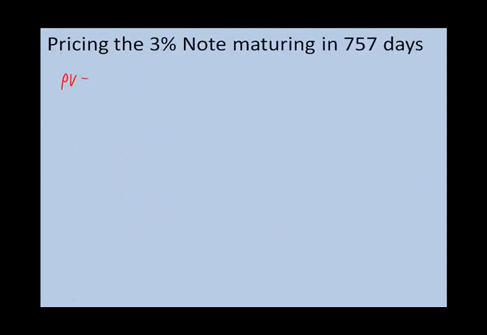All we need to do is calculate the present value of the future cash flows. And we know that at 27 days we're going to receive $15, but we know that there's accrued interest there.